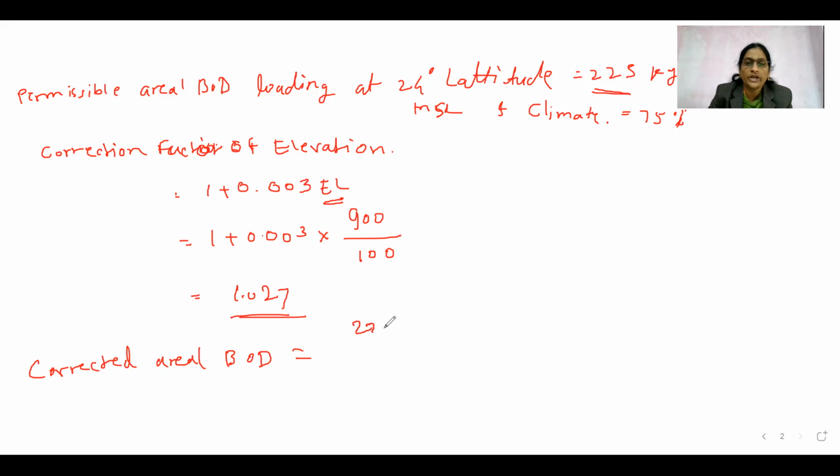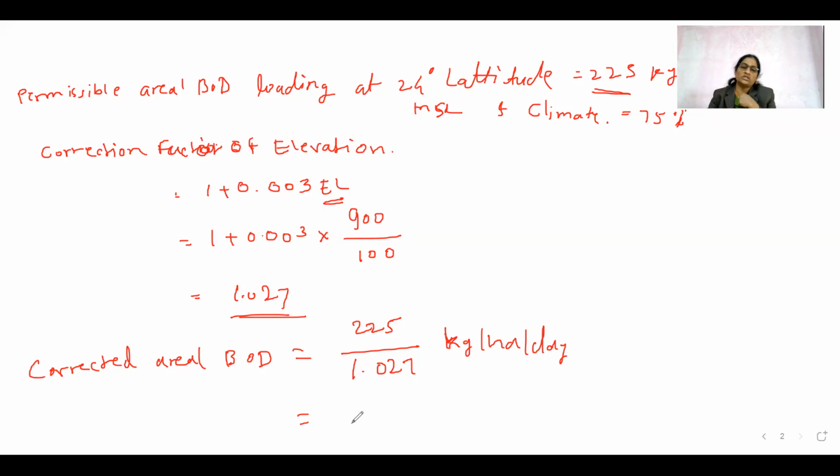We already have 225 kg per hectare per day, and upon the sea level correction factor 1.027. You apply the correction factor by dividing the selected aerial BOD, 225 at 24-degree latitude, by 1.027, the correction factor of elevation.